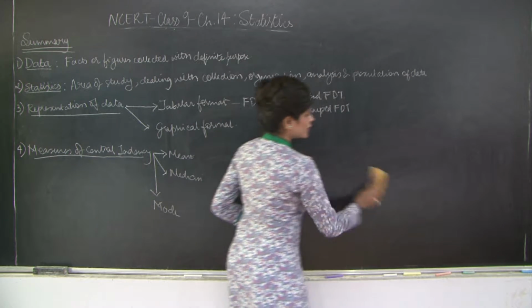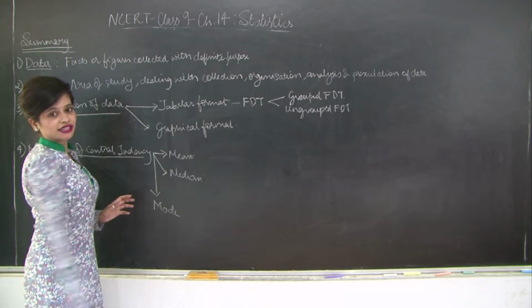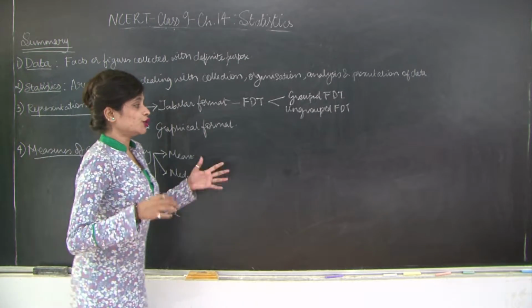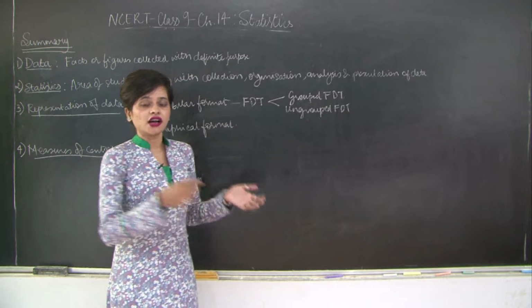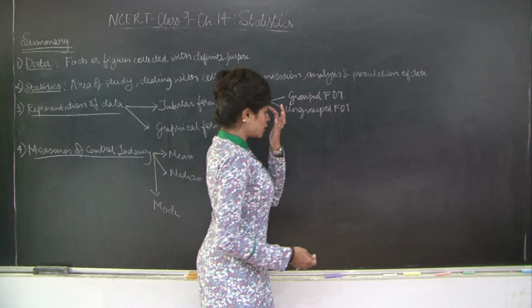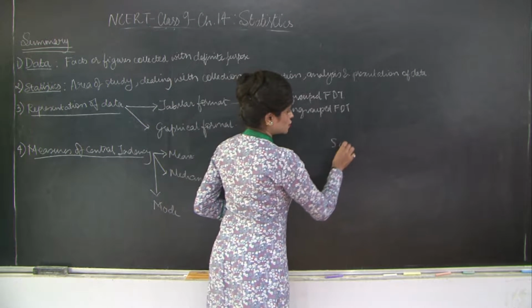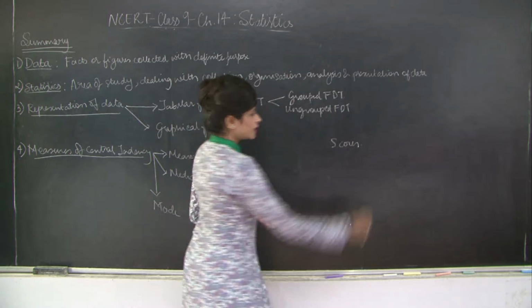Now what about the grouped frequency distribution table? Again, this is a tabular format for representation of data, wherein you can enlist all your data depending upon ranges of the categories. For example, if you are talking about the scores of students, and the frequency.